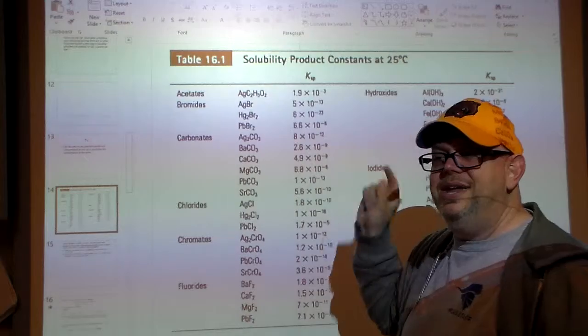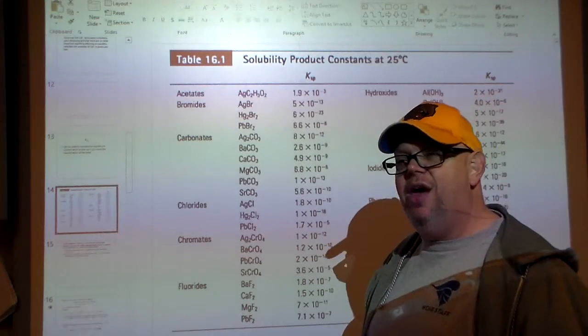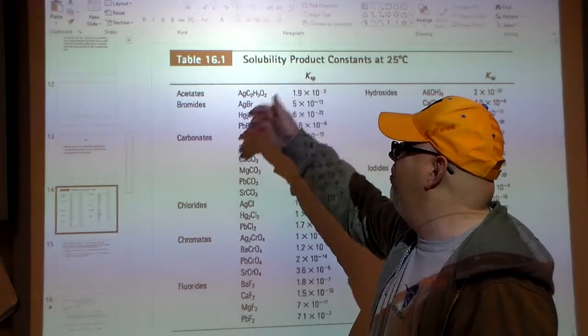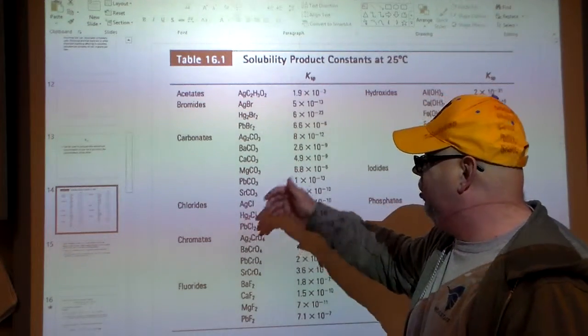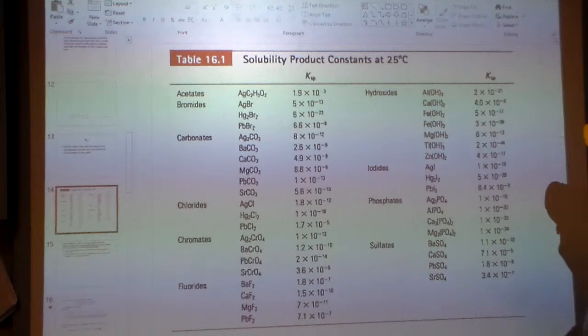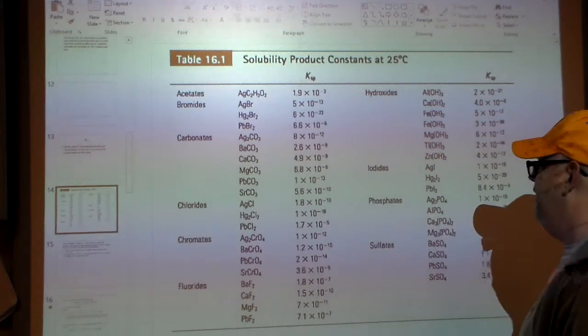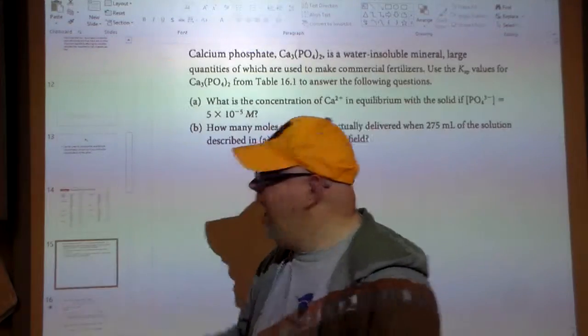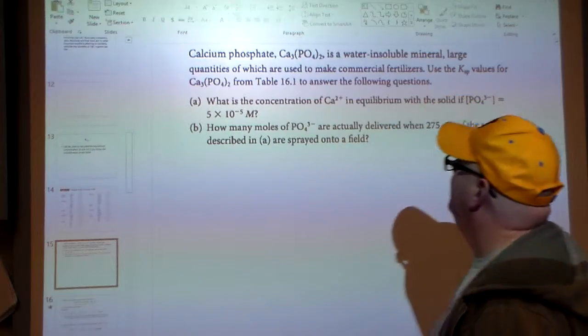Notice how they break it off based on the anion, that negatively charged ion: the acetates, the bromides, the carbonates, the chlorides, the chromates, the fluorides, the hydroxides, the iodides, the phosphates, and the sulfates. Susie! Hey, I gotta be fair between the guys and the ladies.